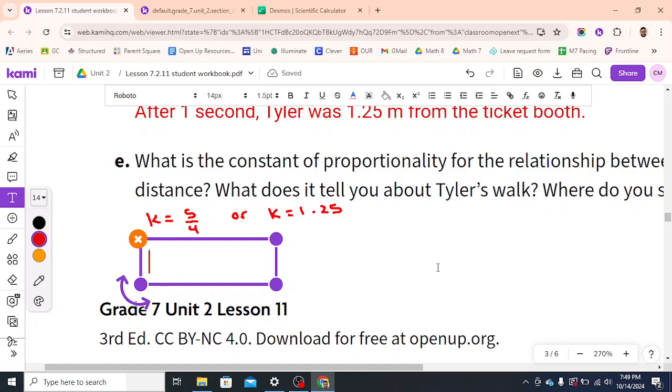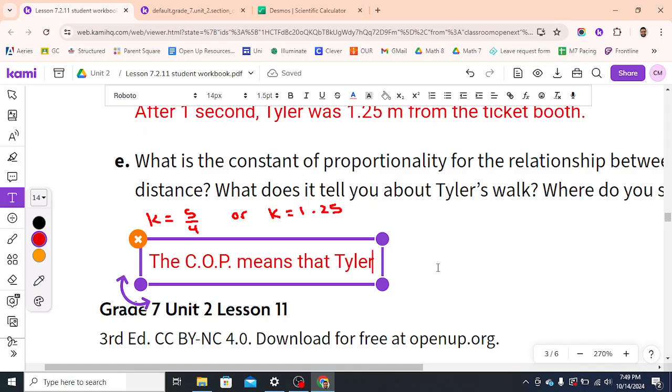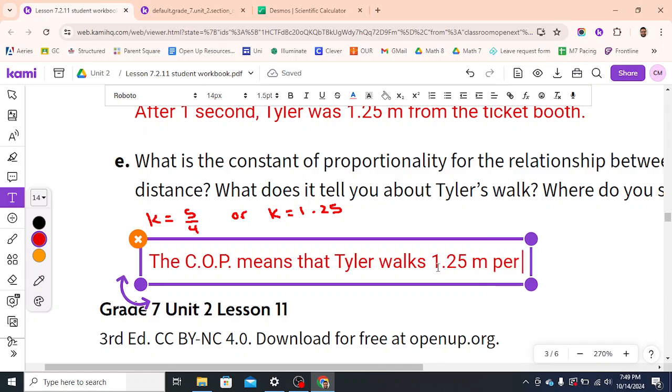Let's do an abbreviation real quick. The COP, which again stands for the constant of proportionality, means that Tyler walks 1.25 meters per second. There we go. That's a great way to say it.